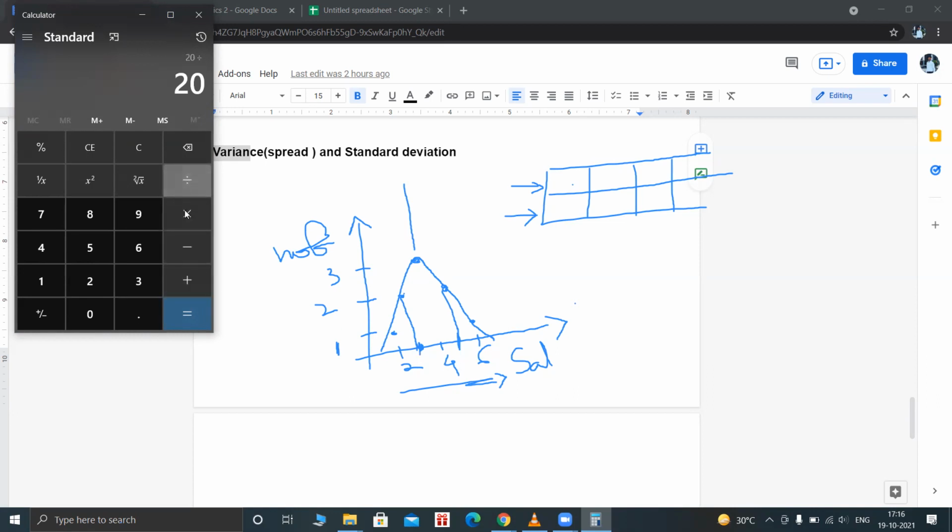So 20 divided by 5, so that was basically 4, right?